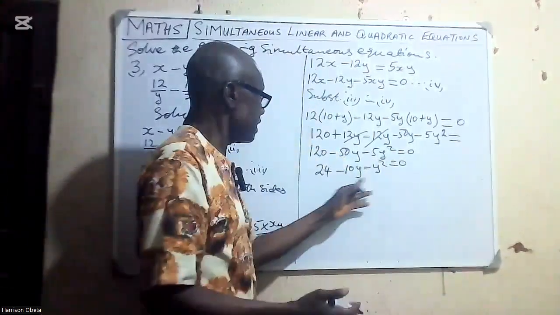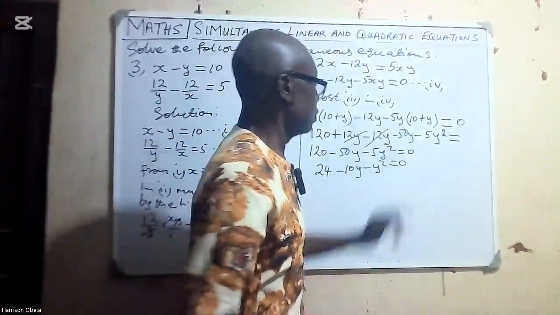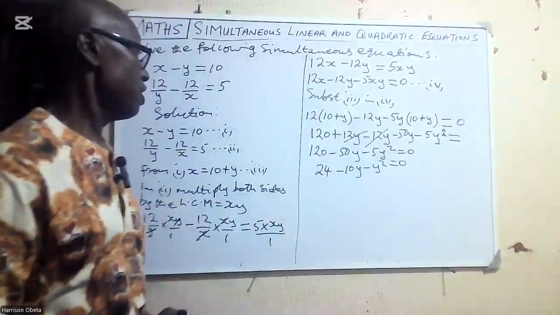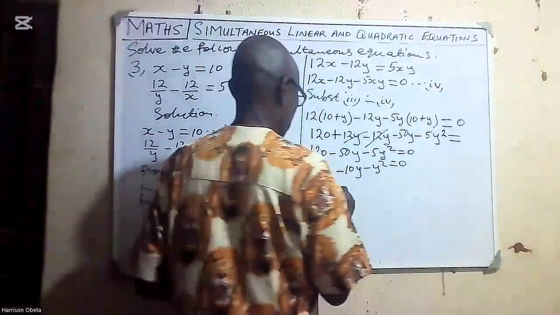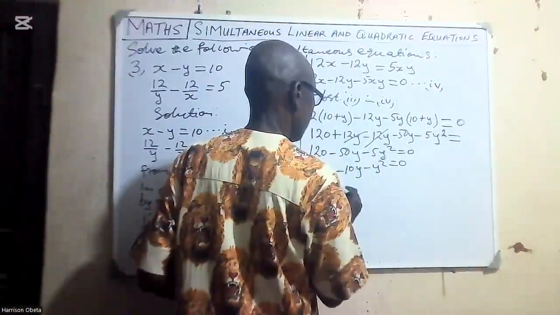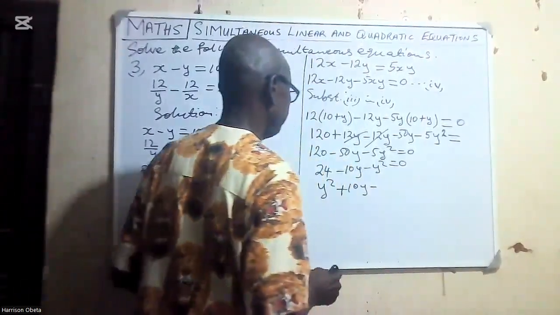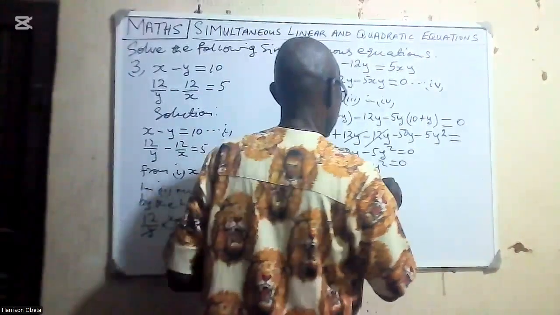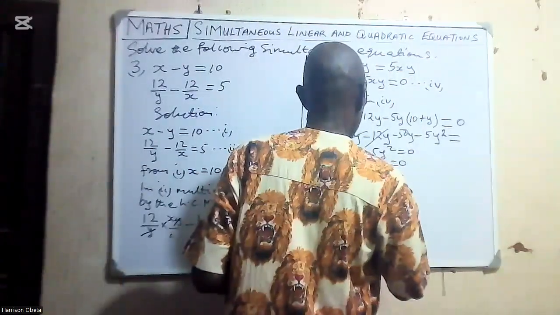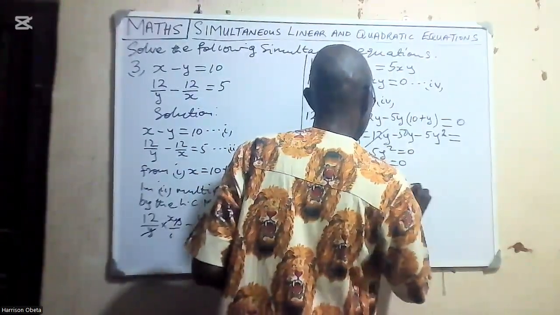So bring everything here to the other side. And if we do that, we're going to have y squared plus 10y minus 24 equal to 0.